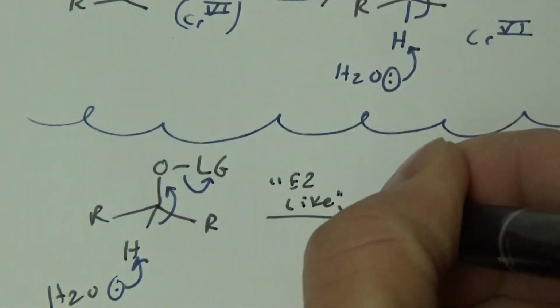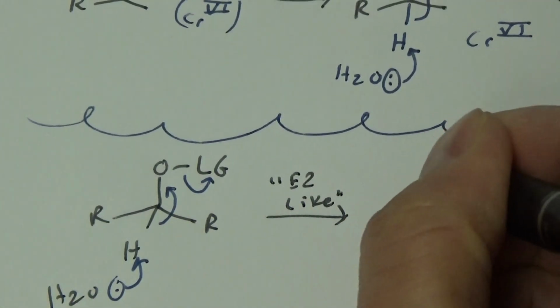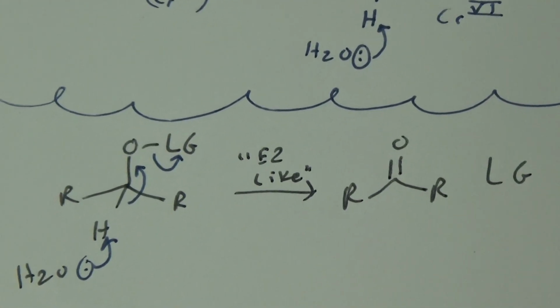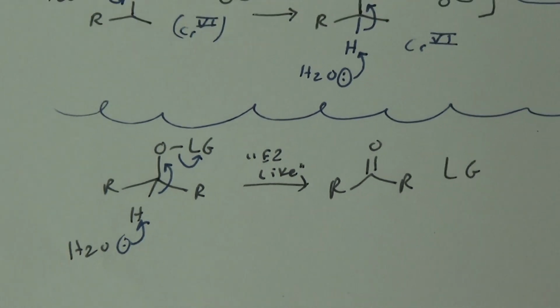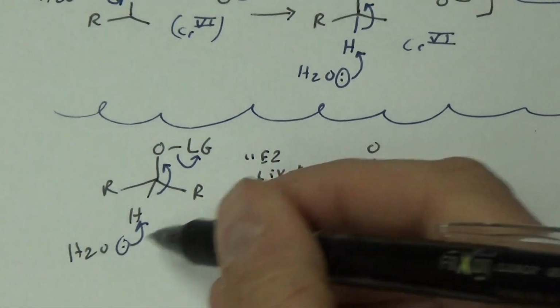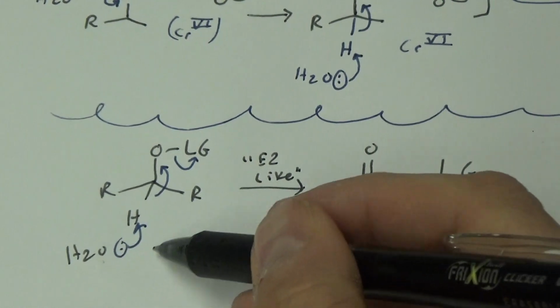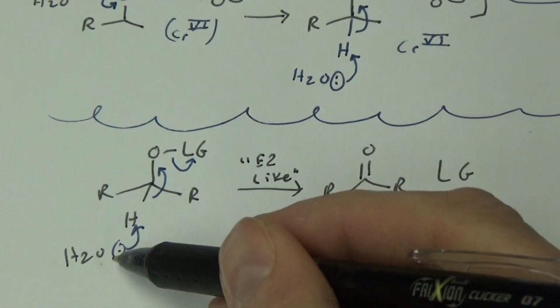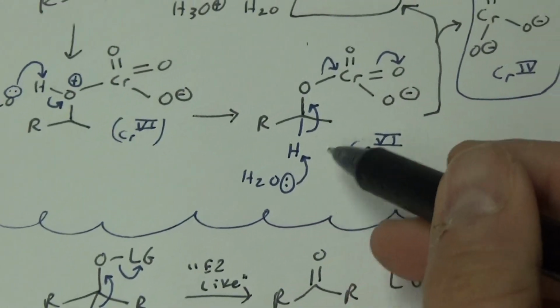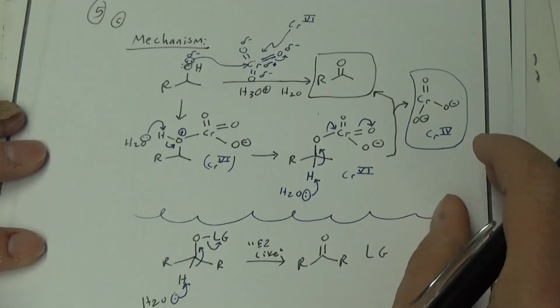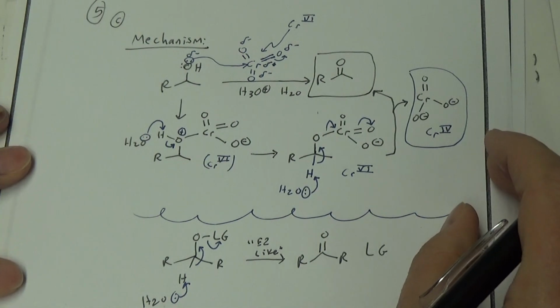And then you get the product and the leaving group comes off. The mechanism kind of looks like an E2 reaction, although in an E2 reaction you actually have a base, and water's not really considered a base. For this reaction it's good enough of a base to take off that proton. Okay, that is the mechanism of oxidation with CrO3.